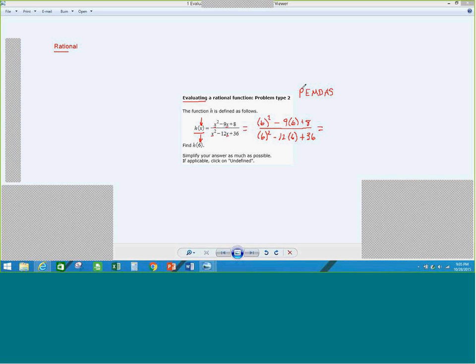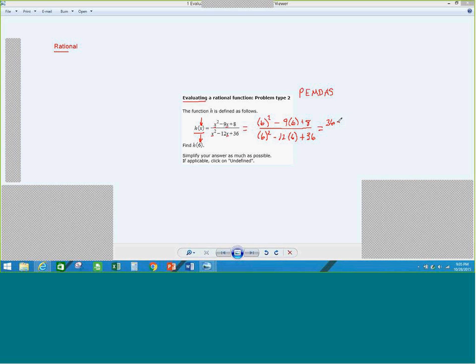I don't see any parentheses in the problem that have an operation inside of them. I have parentheses, but they're just isolating the value we substituted. So we're really starting here on the exponents. Evaluating the exponents, in the numerator 6 squared is really just 36.